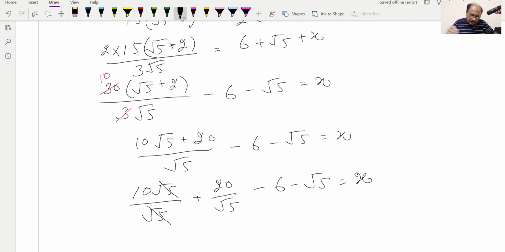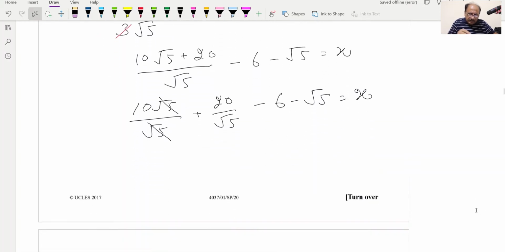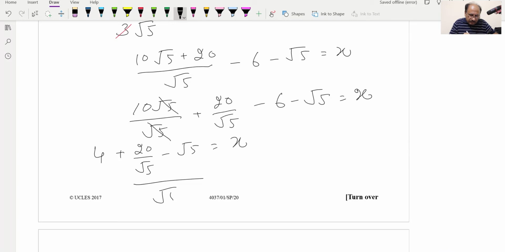And this we can cancel, so it will be 10 minus 6, which is 4, so 4, and the rest will be 20 over under root 5 minus under root 5 is equal to x. And in this portion we can take under root 5 as LCM, so it will be 20 minus 5 over under root 5, equal to x.